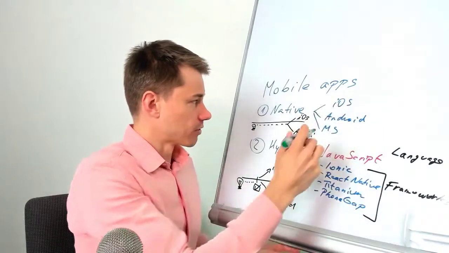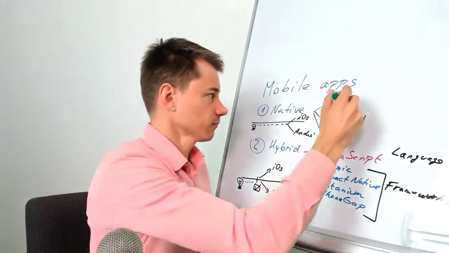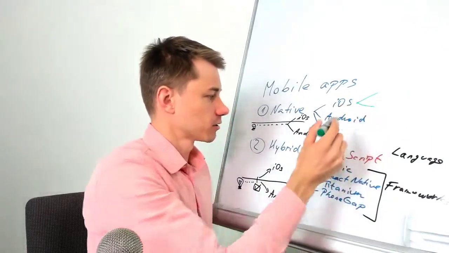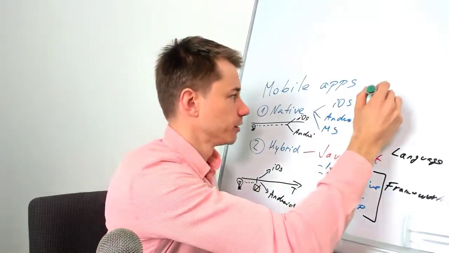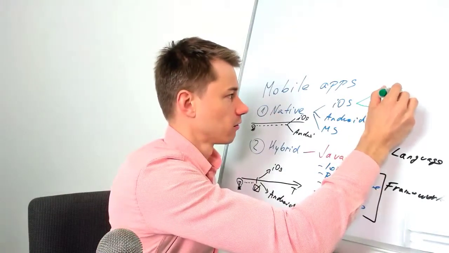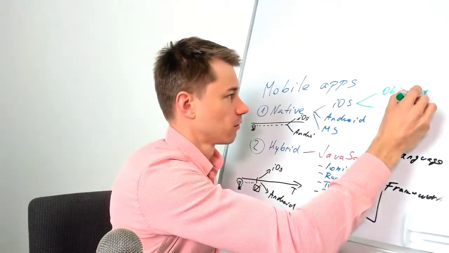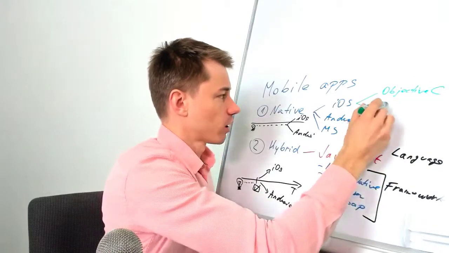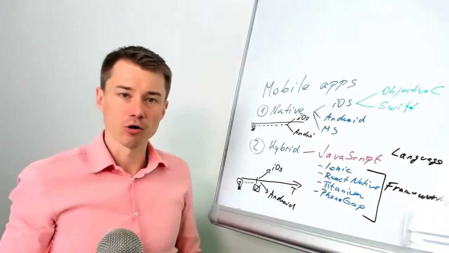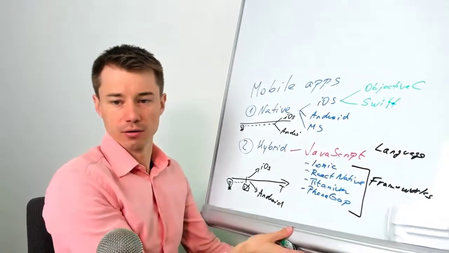So iOS is the operating system, and it uses two languages. One is Objective-C, and the second one is Swift. Objective-C and Swift. Can you see it?